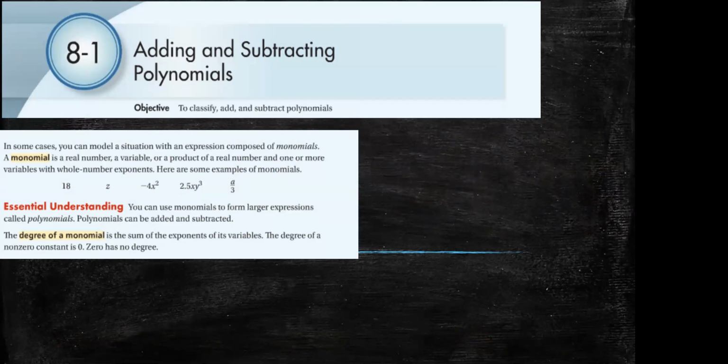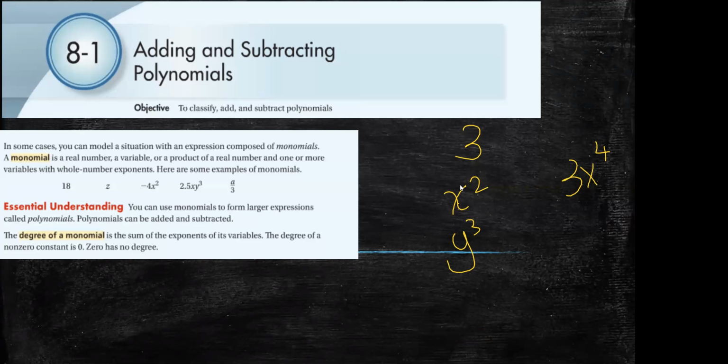In some cases, the expression comes as one number, or one variable, or a product of a variable with a number. Sometimes you see the expression as 3, or x squared, or y cubed, or 3x raised to the power 4.